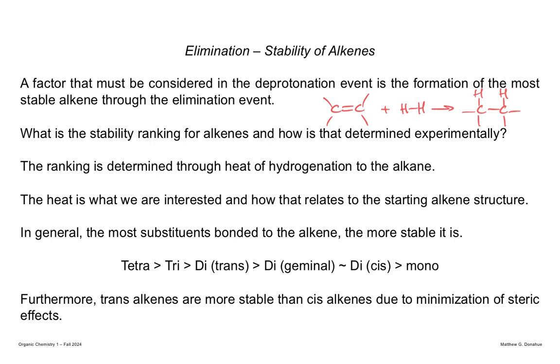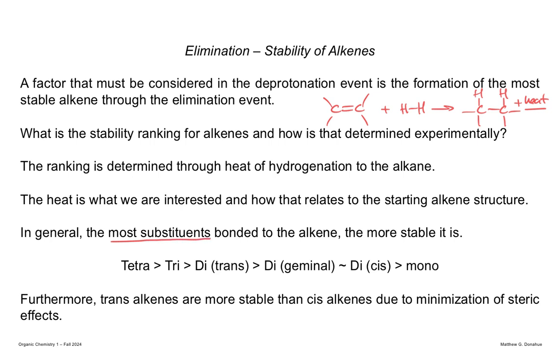And so maybe the other thing I'll write on here is plus heat. The heat is what is measured experimentally. And that is how we can then rank alkene stability.